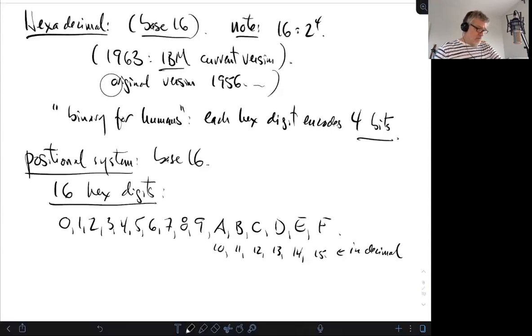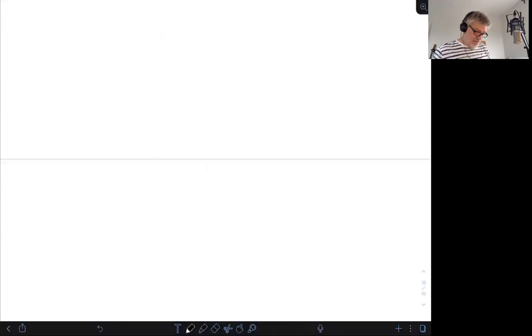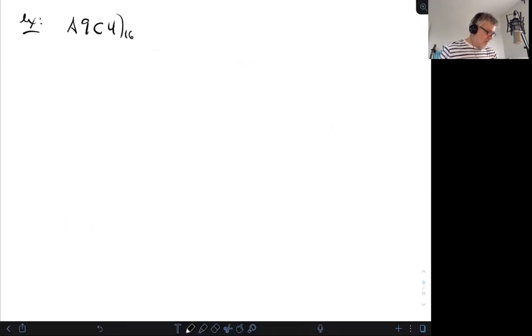Okay, so again, it's a positional system with base 16. So here's an example. How do you read this off? If I write A9C4 in hex, what does it mean? This is equal to, so 0, 1, 2, 3.